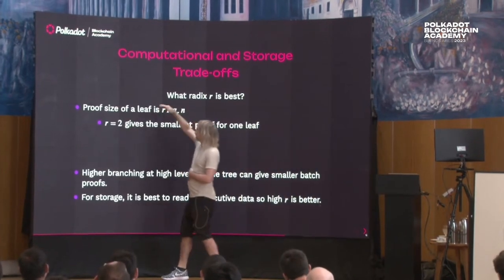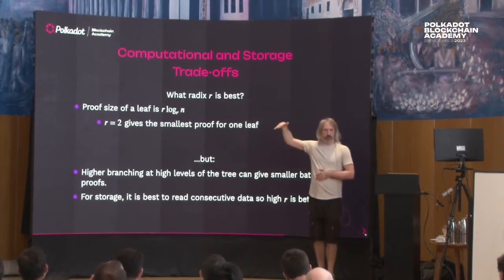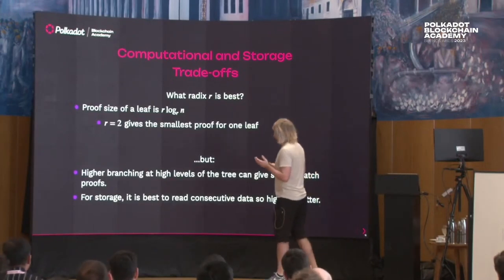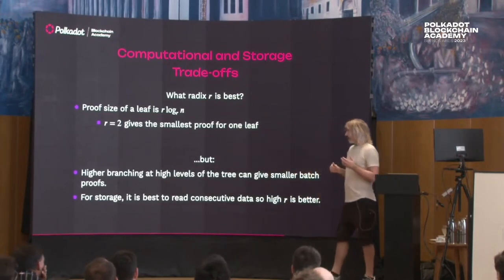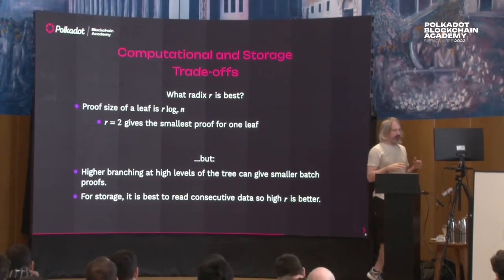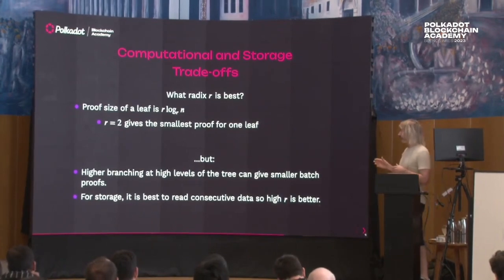If we have a branch factor of 2 nodes at each level, then we get the smallest proof. But if we increase that, we reduce the number of branches that we will typically have to go down, because we cover more ground with each branch.